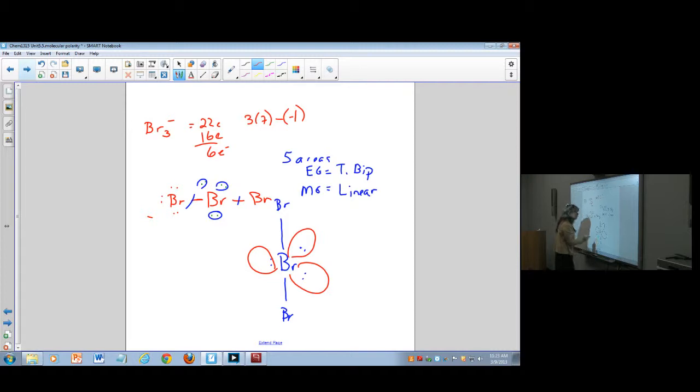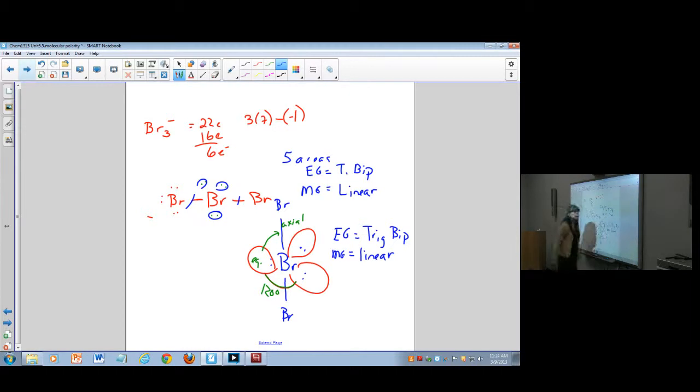So these actually end up being, again, a 120-degree angle. And remember, there's not a whole lot of interaction between the axial and the equatorial plane, so those atoms don't really get affected. So our electron geometry is, again, the trigonal bipyramid, and the molecular geometry is linear.